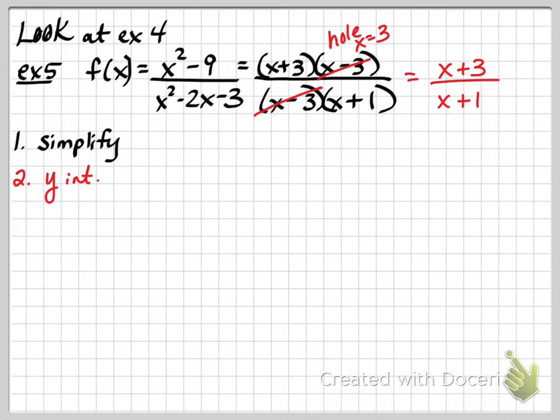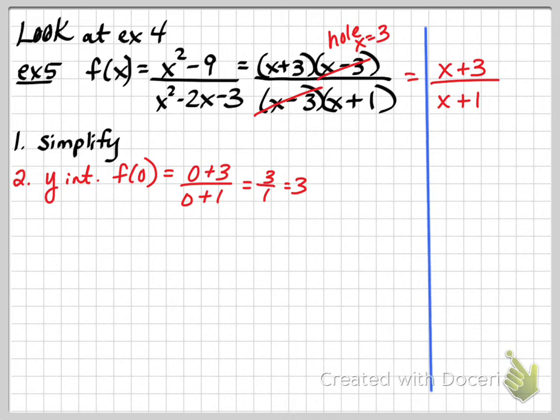Y-intercept, find f of 0. And we can use the simplified version. So we plug 0 into it. Let me build my graph. So let's put a point on the y-axis at 3.